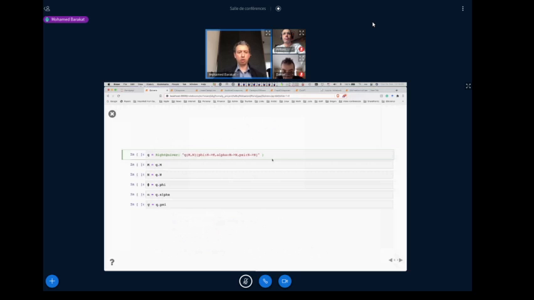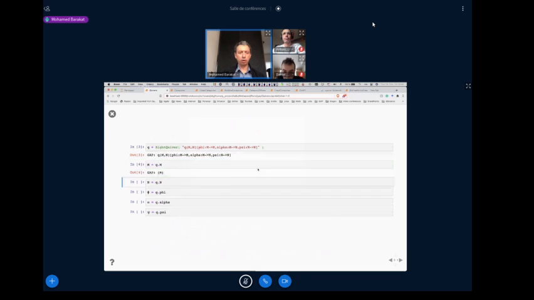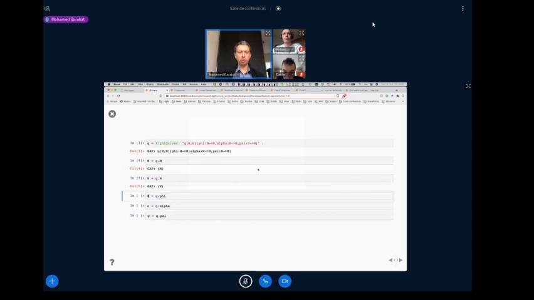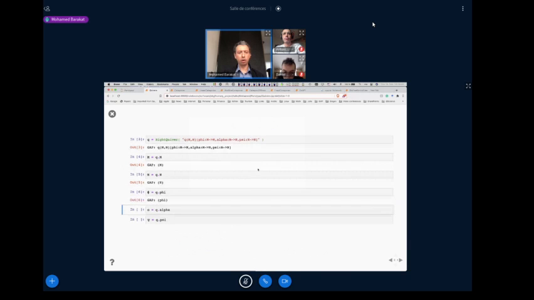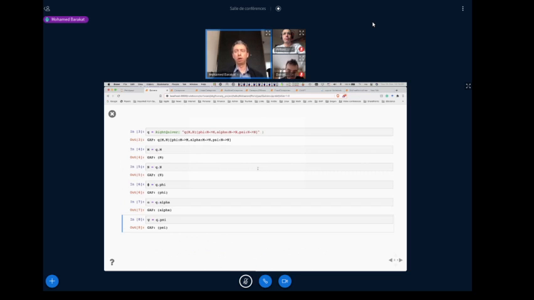So let's activate this. My computer is slow, I think because of the BBB connection. So now you can, from the quiver, get the object m, the object n, you can get the morphism phi, and because we are in Jupyter, we can even use the UTF phi and the UTF alpha and the UTF psi. Yeah.